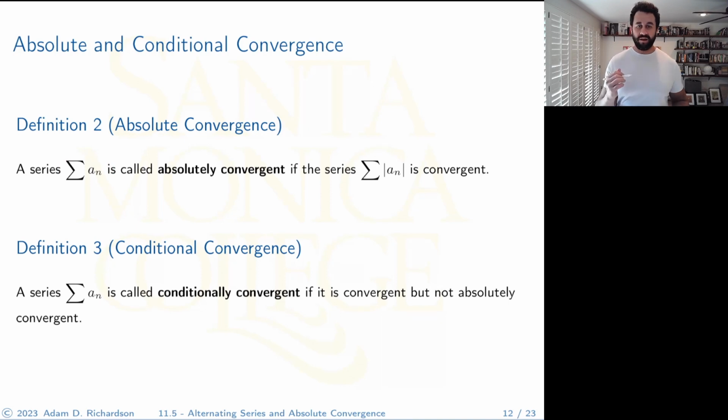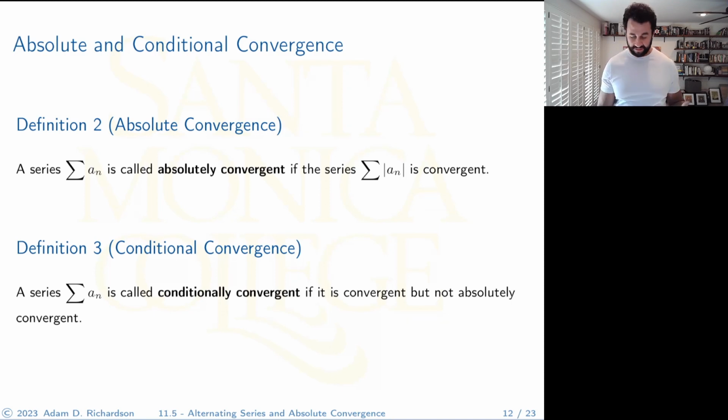Intuitively, this means make every single term in your series positive and then see what you get. And if you're able to make every term in your series positive and you still have a convergent series, then your series is absolutely convergent. So it's a powerful form of convergence.